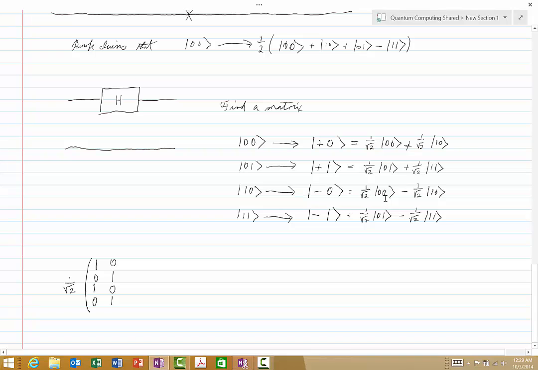Now, for the third column, we have 0, 0, so that's a 1 in the first row, and then minus 1, 0, so that's a minus 1 in the third row. And finally, for the fourth column, we have a plus 1 in the second row and a negative 1 in the fourth row.